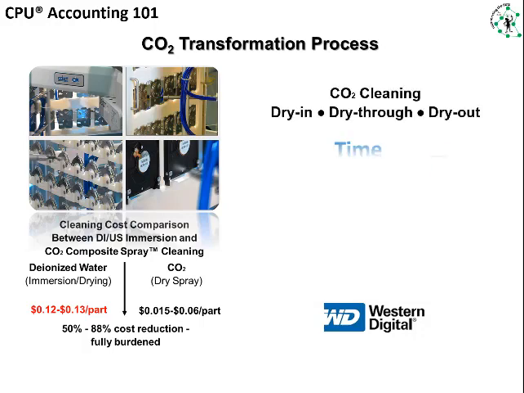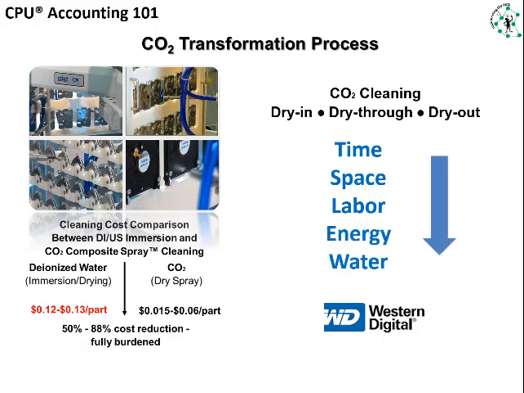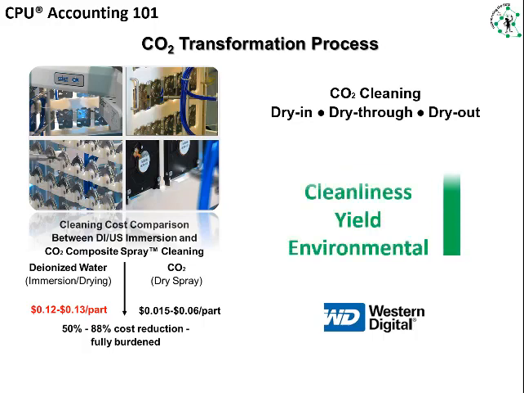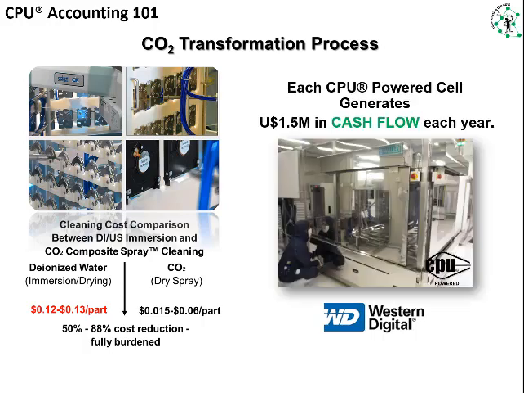CO2 dry cleaning is a dry in, dry through, and dry out process which reduces time, space, labor, energy, and water. It also improves productivity of the process, cleanliness of parts, yield, and environmental quality improvements. Each CPU-powered cleaning cell generates over $1.5 million in cash flow each year.